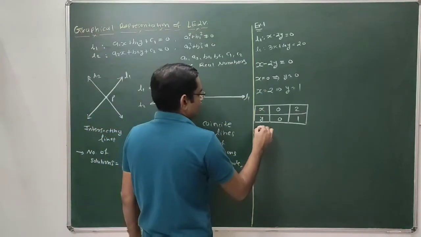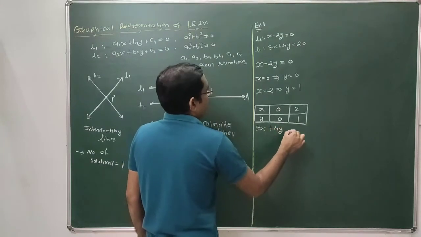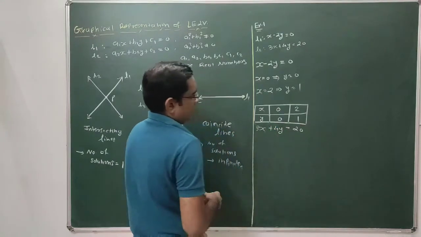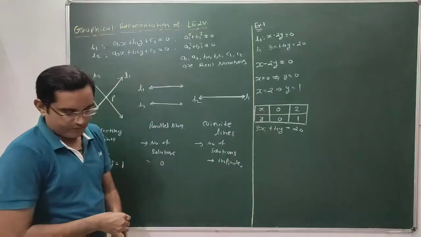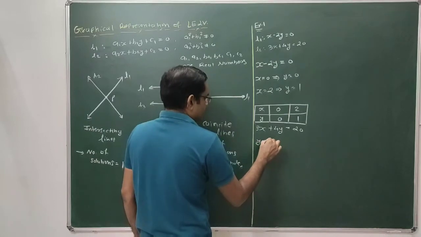So line L2 is 3x plus 4y equal to 20. Here we are taking values of y. Suppose we take y equal to 5.